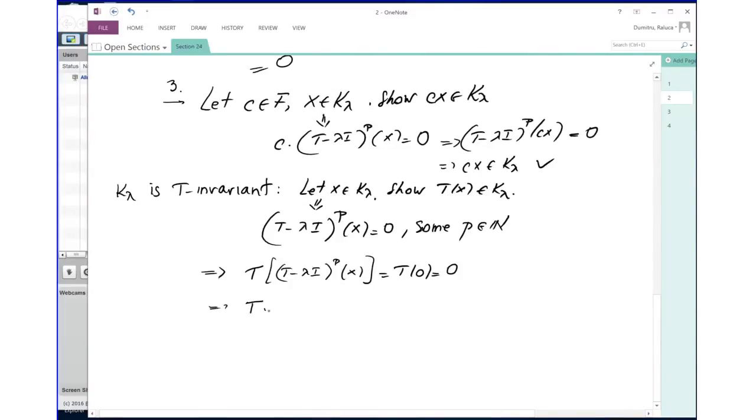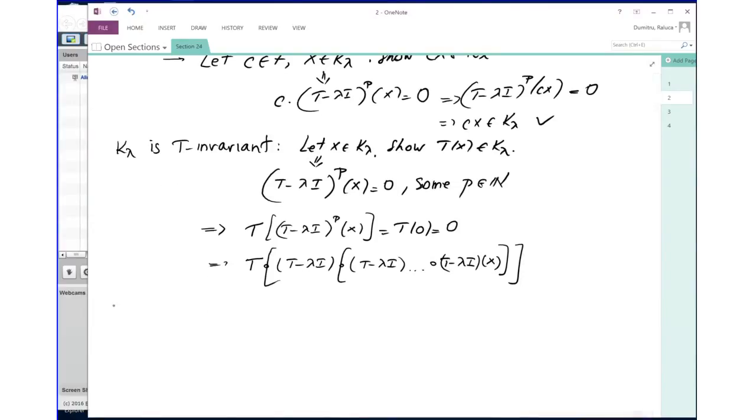This is T composed with T minus lambda identity, p times. That's the left side. So when you do T of all that thing, it's in fact T of this, and so on.